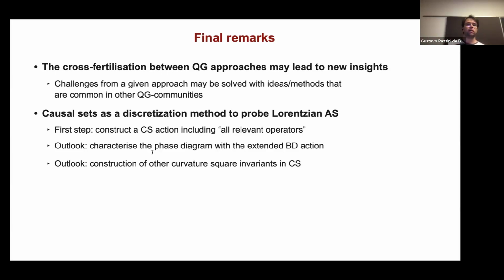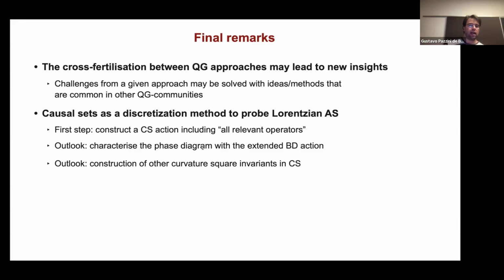The first step here was to construct a causal set action, including all the relevant operators that we expect from most of the FRG studies. There are some outlooks, some things that we would like to explore in the future. One of them is the obvious idea that, using this extended Benincasa-Dowker action, we would like at some point to investigate the phase diagram.